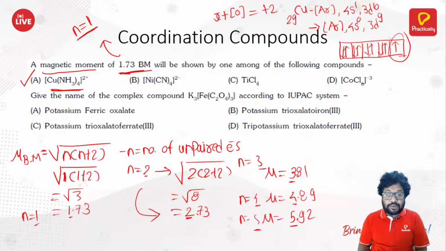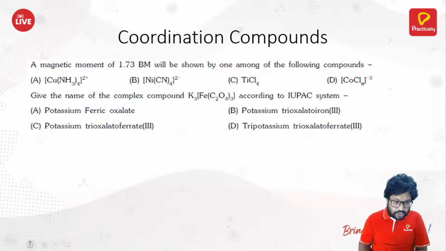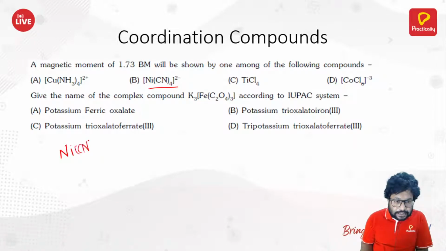We will calculate it for the other species. But before moving to that, let me rub all of this. Okay, moving ahead. Next, Ni(CN)4 2 minus. Now, if you calculate the oxidation state of nickel here, suppose it is x.